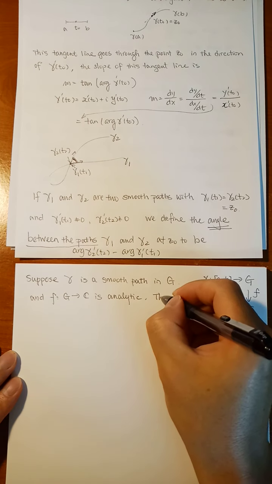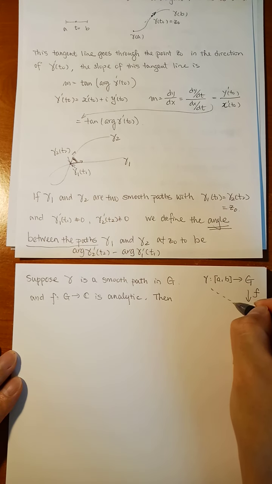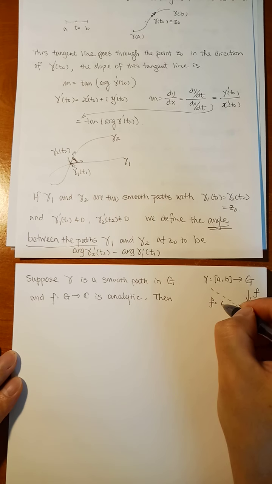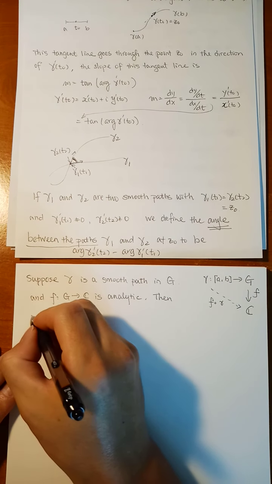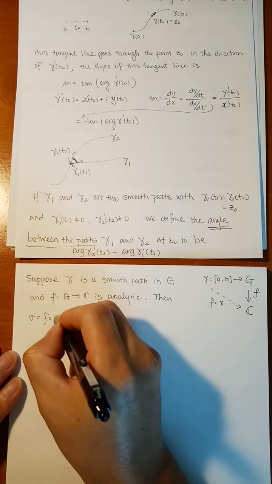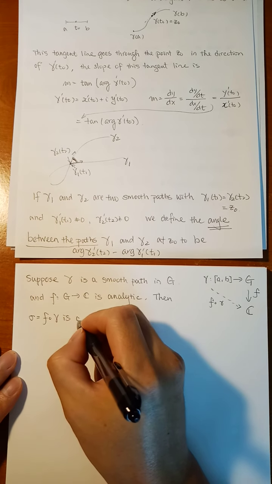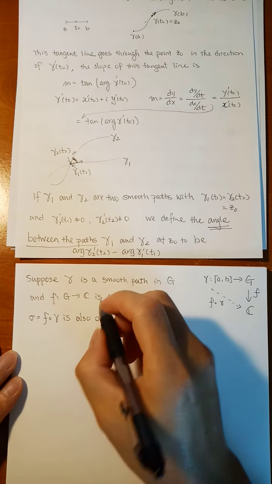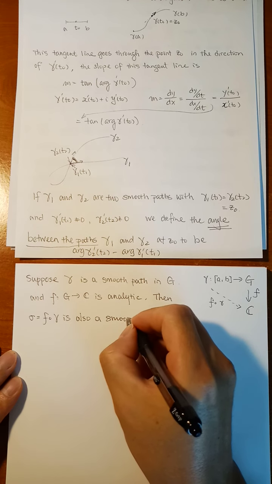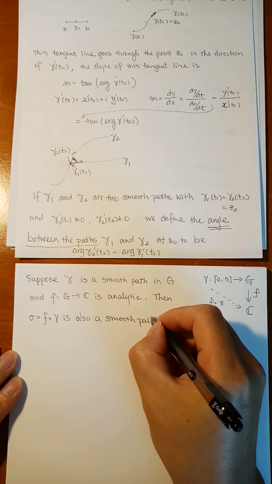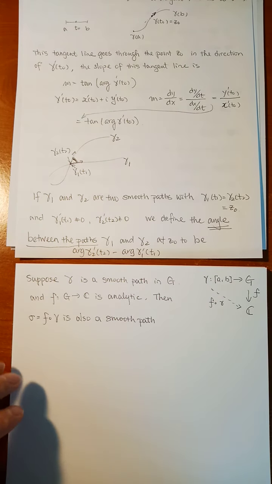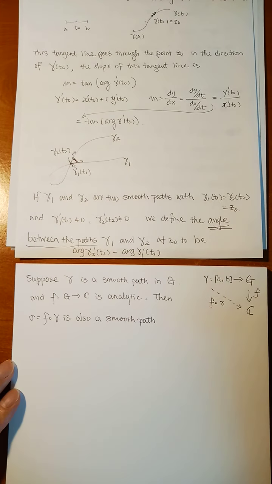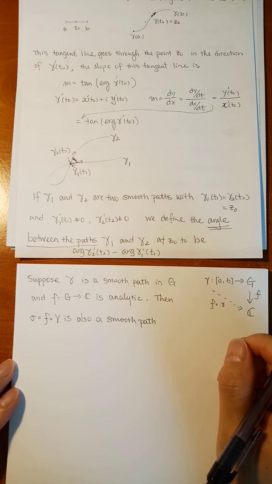Then sigma equal to f composed with gamma is also a smooth path, by the chain rule plus composition of continuous maps.